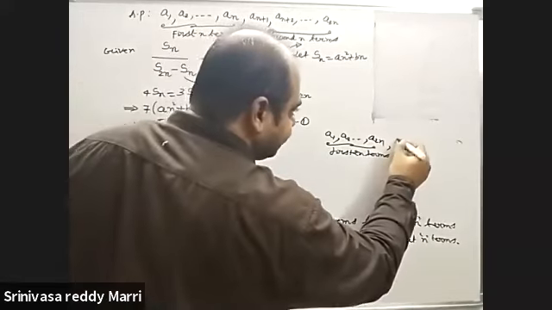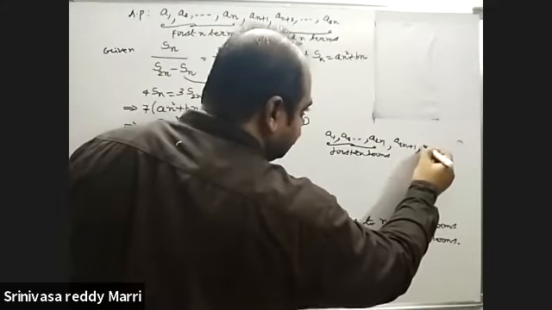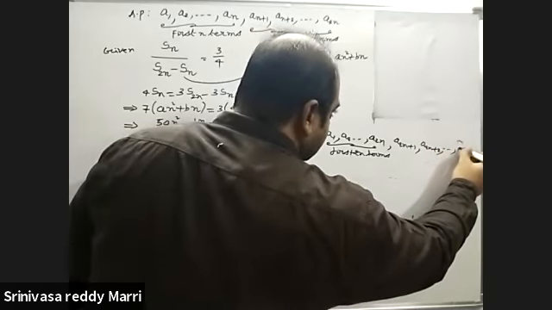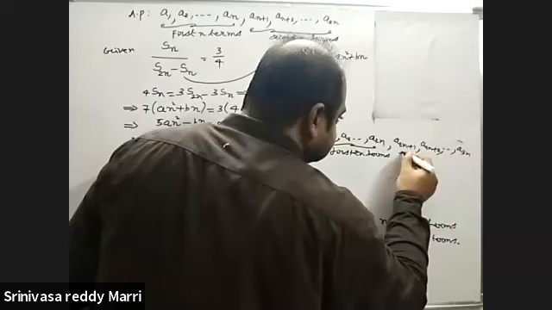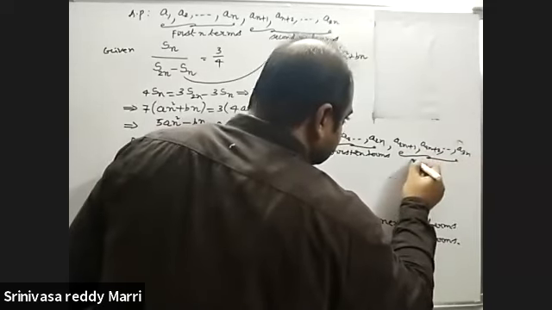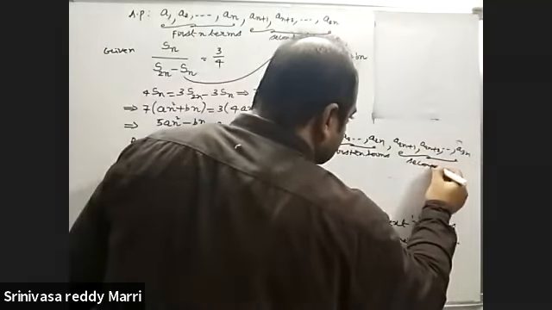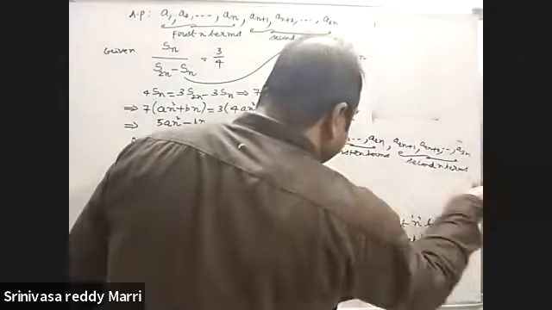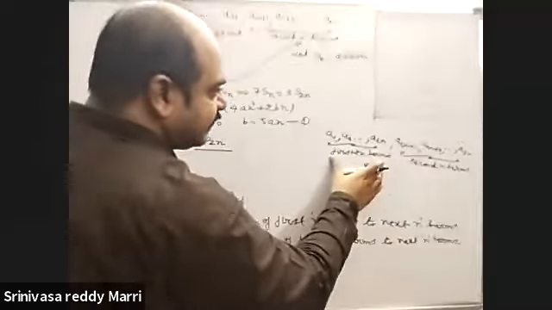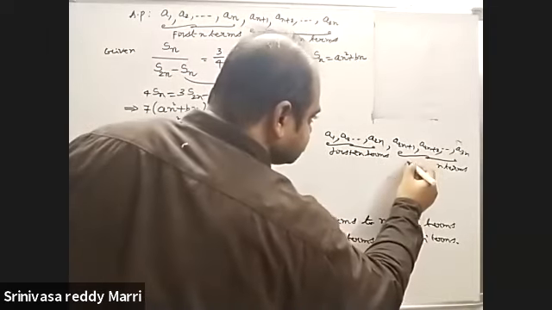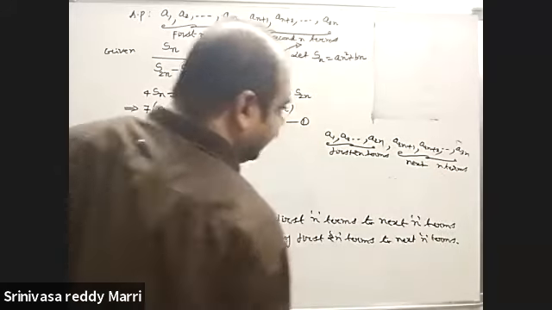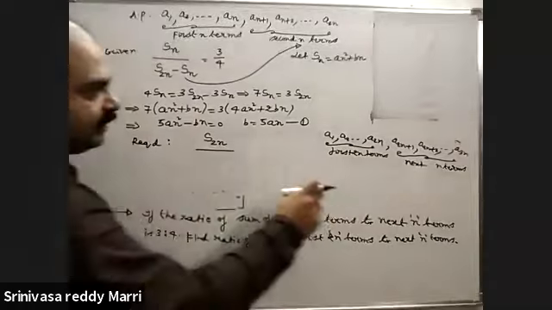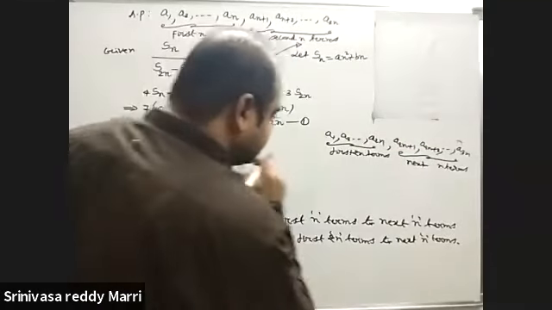The next n terms are A2n plus 1, A2n plus 2 and so on up to A3n. So after 2n terms, the next n terms are in the denominator.